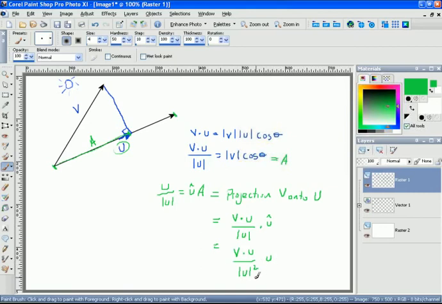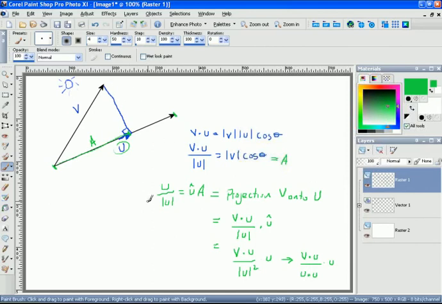And as we saw earlier, the magnitude of u squared is actually the dot product of u by itself. So v dot u divided by u dot u, times u itself, is equal to the projection that we're looking for.